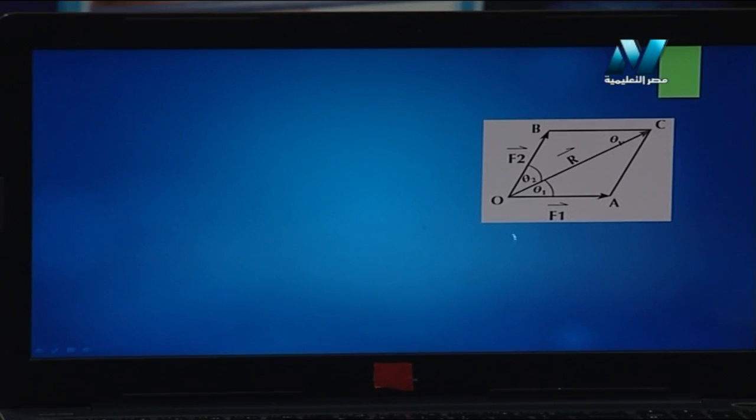This is lesson 2, forces resolution. We have here the resultant R, and theta 1 is the angle between R and F1, and theta 2 is the angle between R and F2.